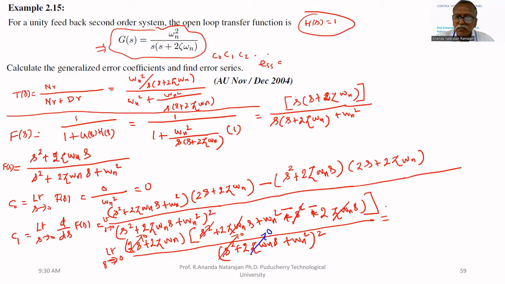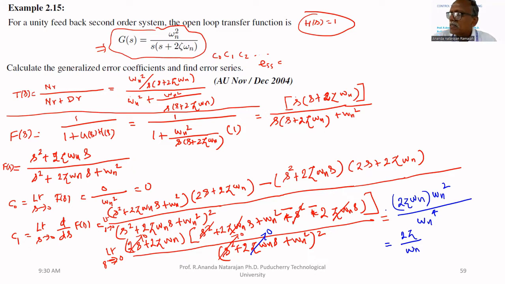So what are the remaining terms? 2 zeta omega n, multiplied by omega n square, upon omega n to the power 4. That is 2 zeta upon omega n. That is C1.